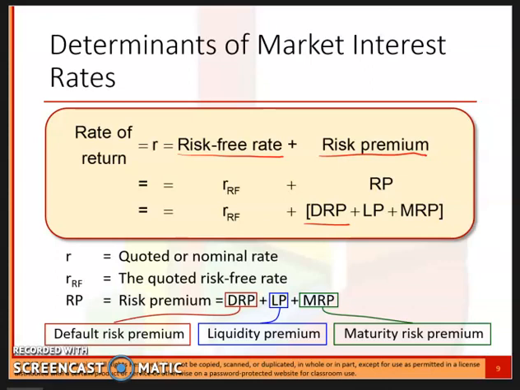Liquidity premium has to do with the difficulty of converting that asset to cash. Treasuries, for example, are very, very easy to convert to cash. You can do it through a dealer. You can also do it through the U.S. Treasury, treasury.gov. And then finally, maturity risk premium has to do with the time until that security matures. The maturity risk premium is going to be greater for a 10, 20, or 30-year bond than it is going to be for a 1 or 2-year bond.